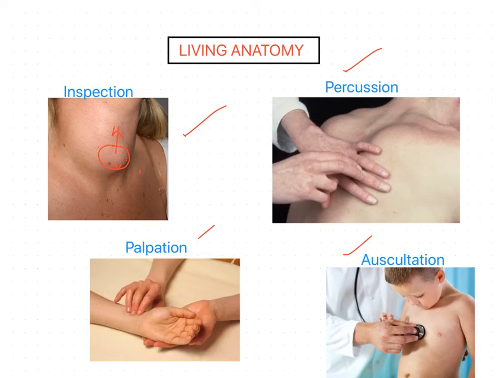And next one is the palpation. Here the palpation is by feeling with the hand. So here we can feel the radial pulse. Here the doctor, or any medical professional, is using their fingers to palpate the pulse of the radial artery.